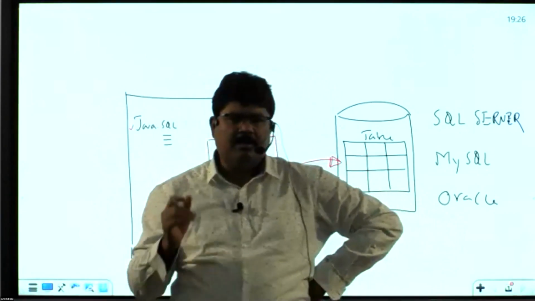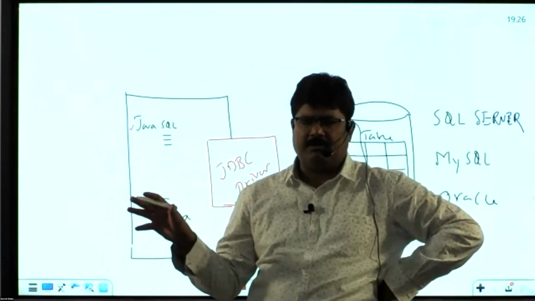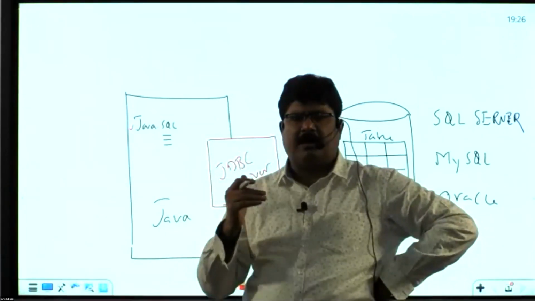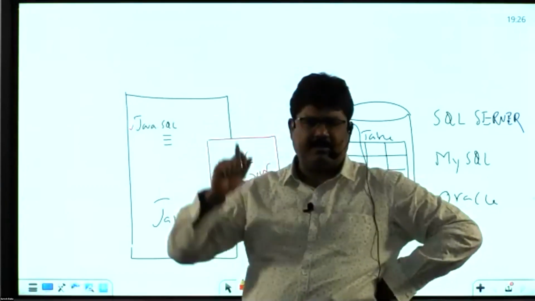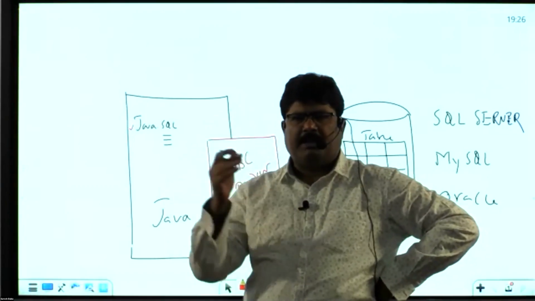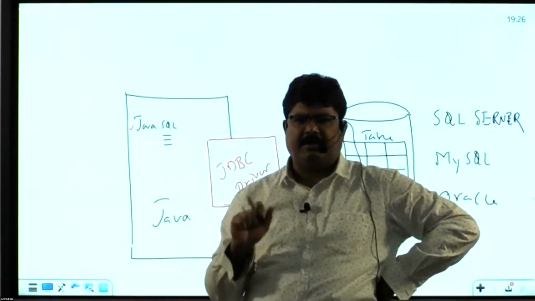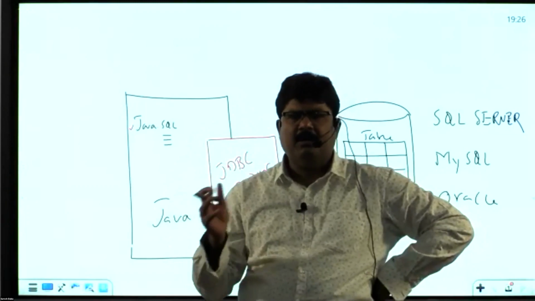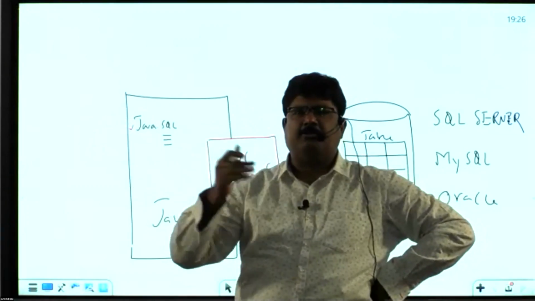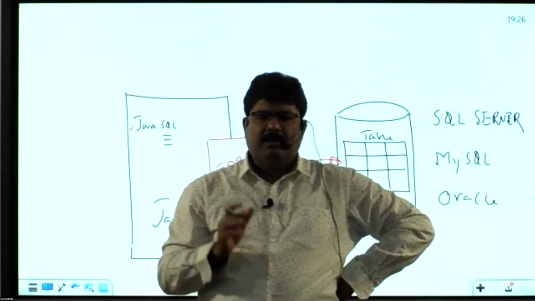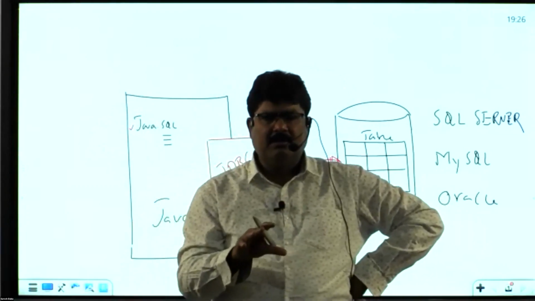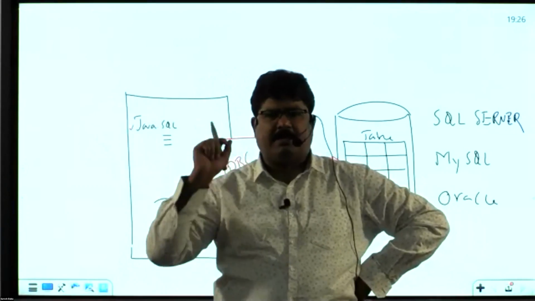Microsoft made SQL Server to communicate with programming languages like Python or Java or C#. They made some interfaces. The MySQL company designed some interfaces like that. Oracle Corporation gave an interface, OJDBC, to communicate with the Oracle database using Java programming.